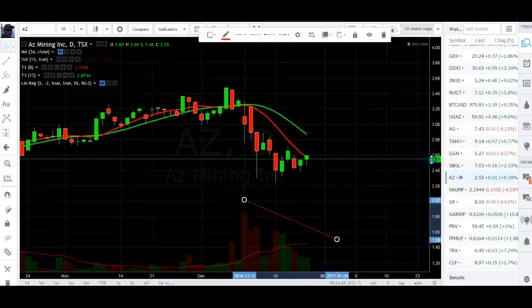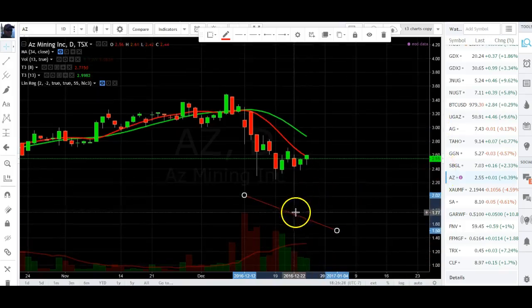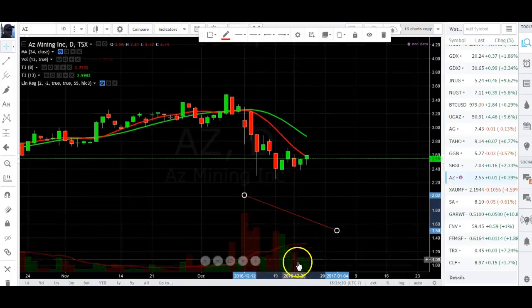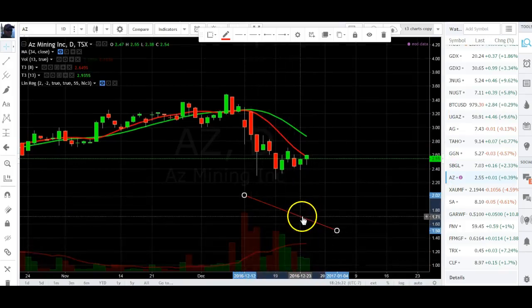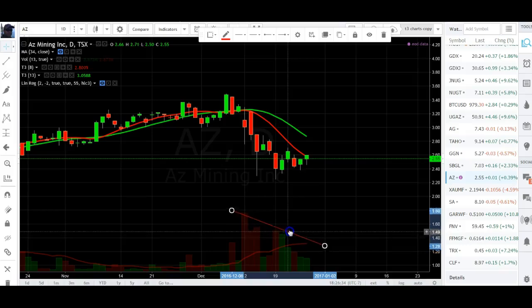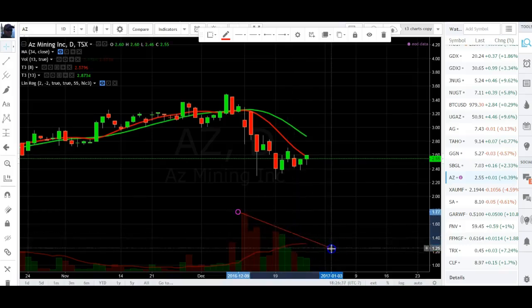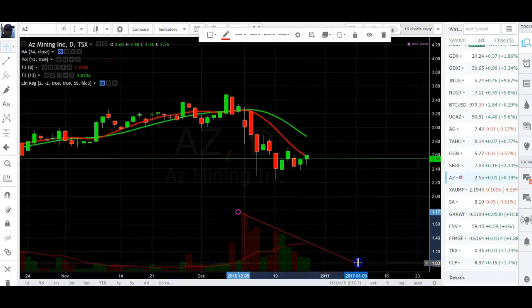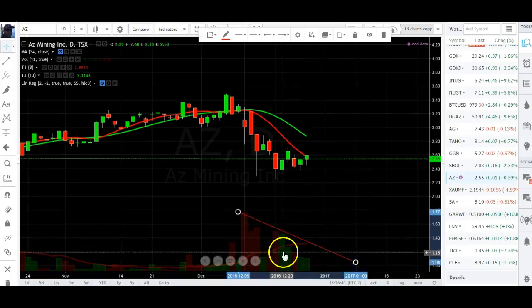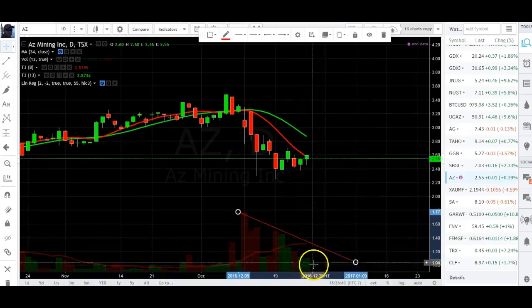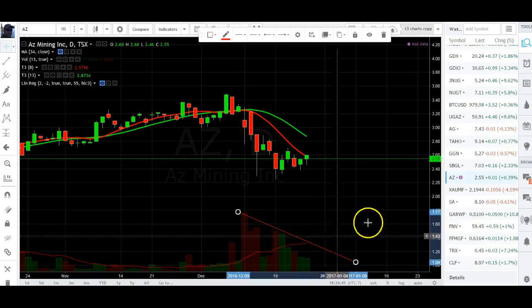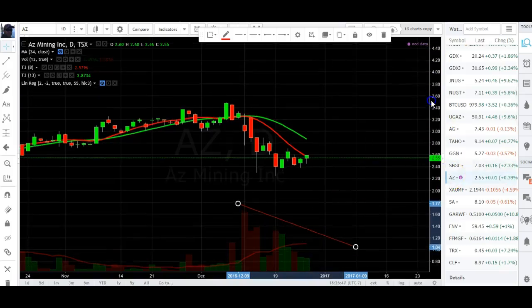Bam! You can see that slow declining volume. All the longs are being taken out. And now we got a couple green bars, maybe some lower volume. Watch for a volume breakout on that.